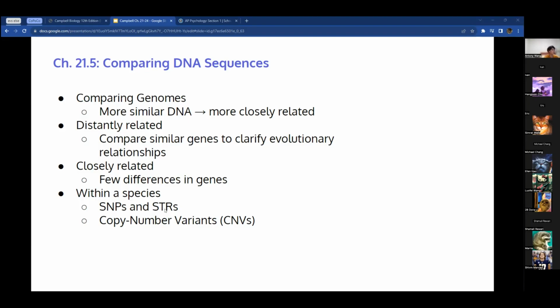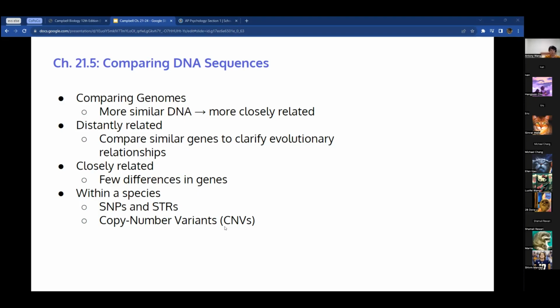And short tandem repeats, we went over this earlier. There are regions of our DNA that are just a bunch of repeating units, like ATG. Short tandem repeats and copy number variants result from, as we talked about before, DNA polymerase sometimes falling off and not remembering where it fell off.